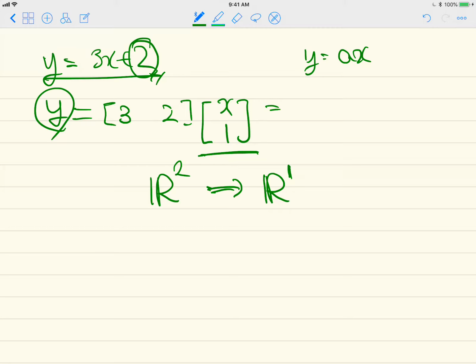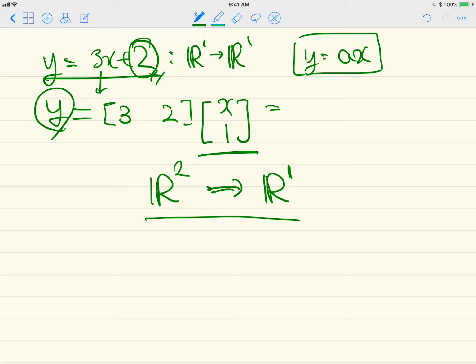So this function was originally from one-dimensional to another one-dimensional space, but we changed it into this form, and analogous to this, it can be viewed as this: some input which can also be a vector, and some scaling factor that is now defined as a matrix.